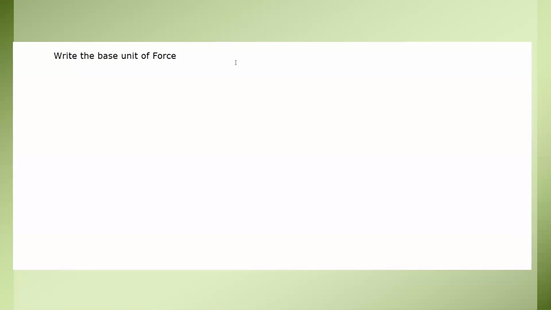What are the base units? We have to express it in kg, meter, second, ampere, Kelvin, mole, or candela. If we represent the unit of any quantity in these, we call that a base unit. So how can we write a base unit?